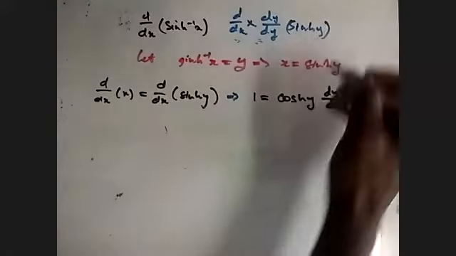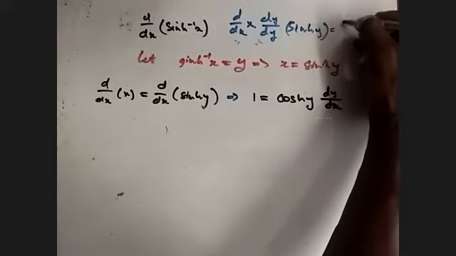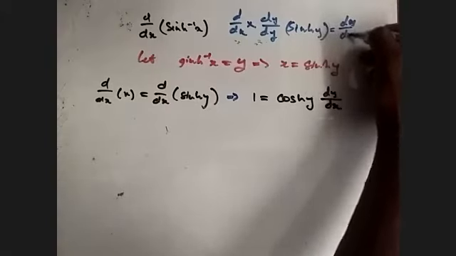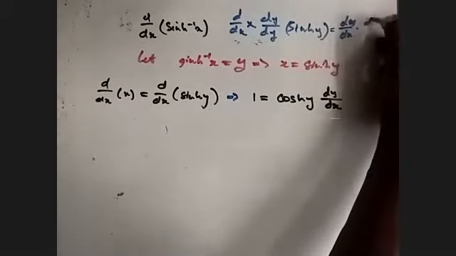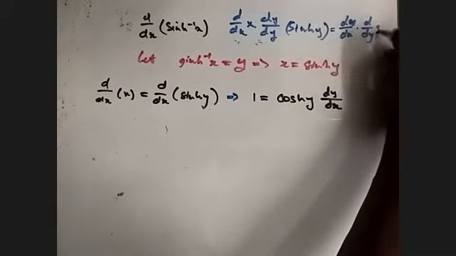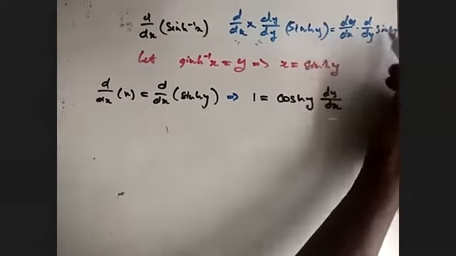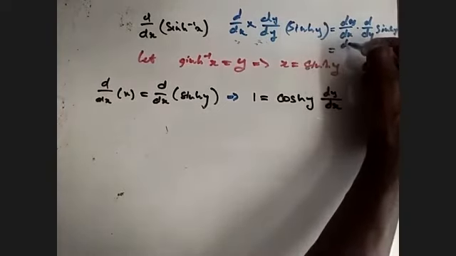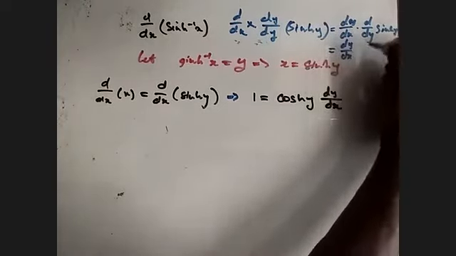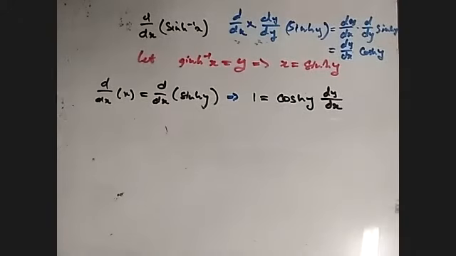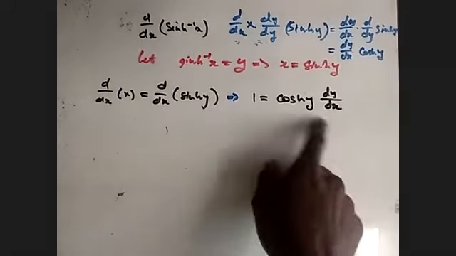So what we're going to have is dy/dx multiplied by d/dy of sinh y. Okay, so as you can see, d/dy of sinh y is just cosh y. So we get 1 equals cosh y dy/dx. This is what we get exactly.